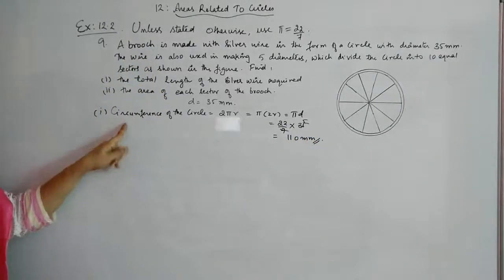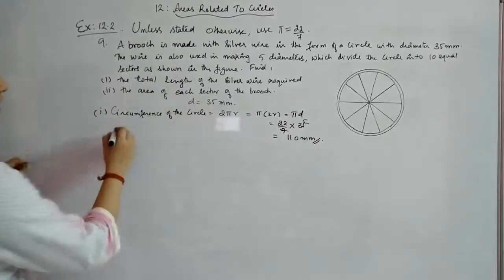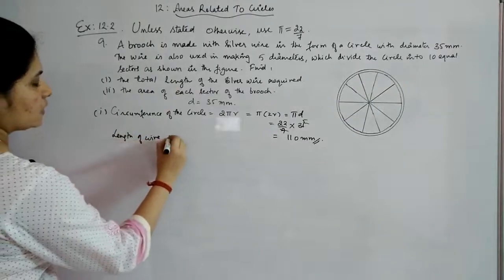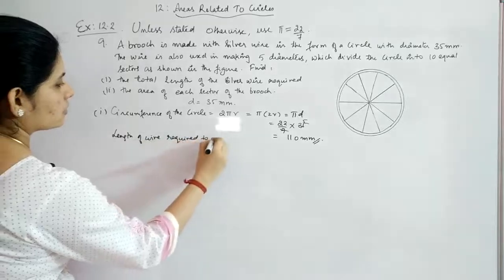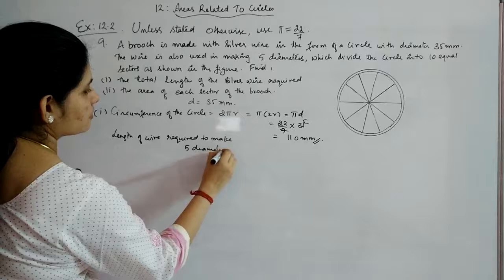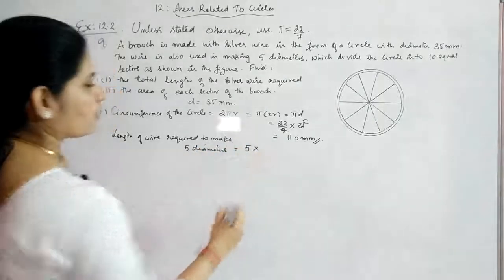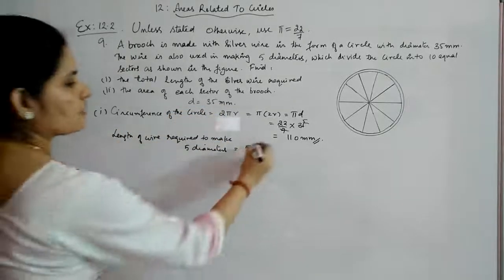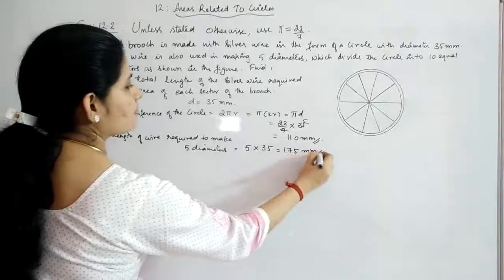Now you have to find out the length of the wire required to make 5 diameters. It will be 5 into 35 mm, since for 1 diameter the length is 35 mm, so for 5 it is 5 into 35, which is 175 mm.